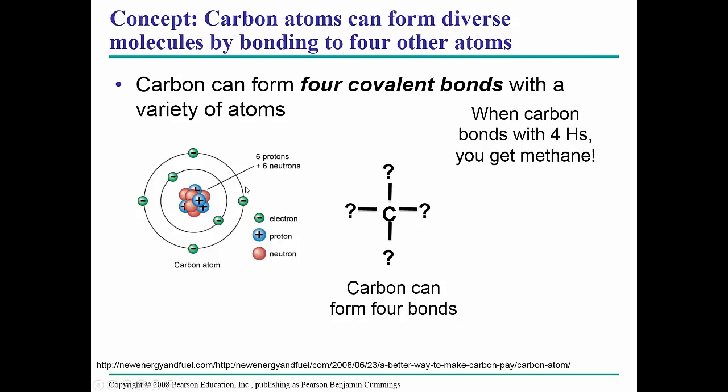So this is why we can form 1, 2, 3, 4 bonds. So in this case, carbon has formed bonds with 4 hydrogens, and we get methane. The chemical formula for methane would be CH4. Something you want to make sure that you keep reminding yourself is what a chemical formula means.